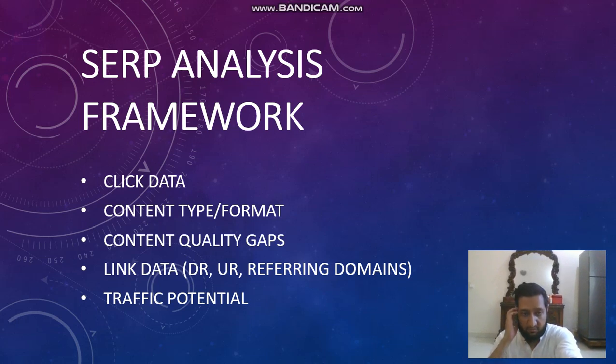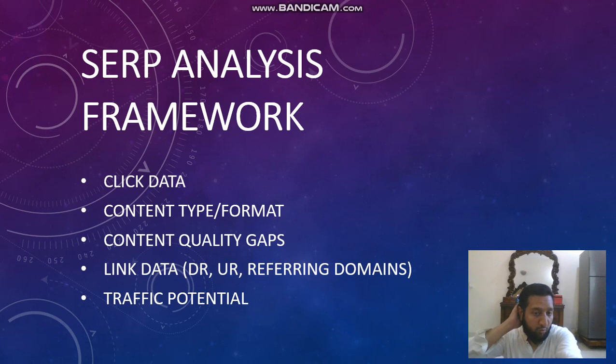The fourth thing I want to look at is link data. The first thing in the link data is domain rating, and I want to see whether my business or the client I'm working for falls within 5 to 10 data points of the top three or five domains ranking for that keyword.